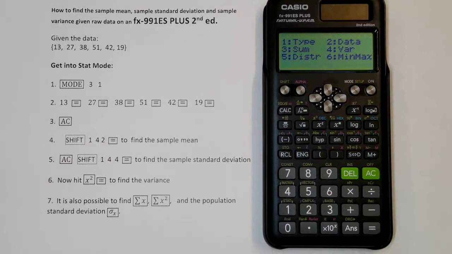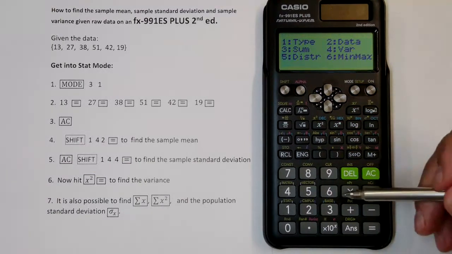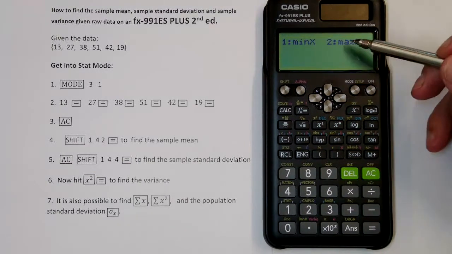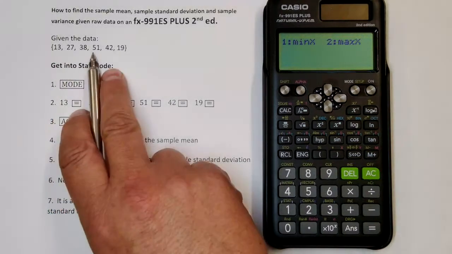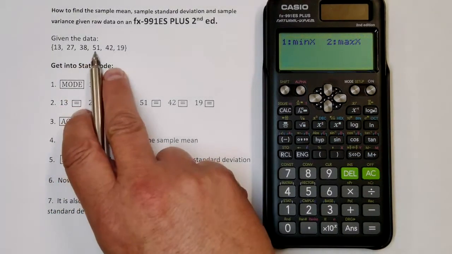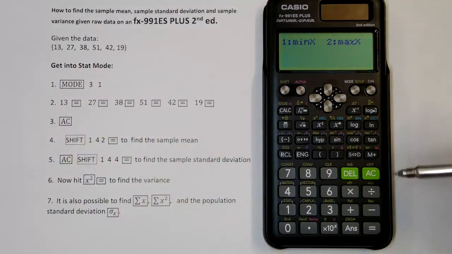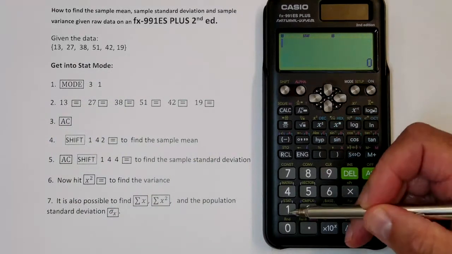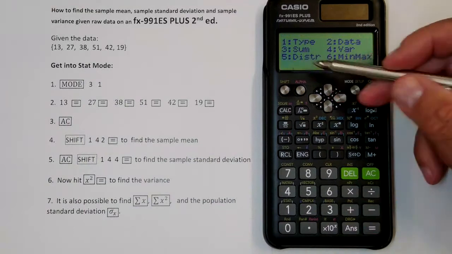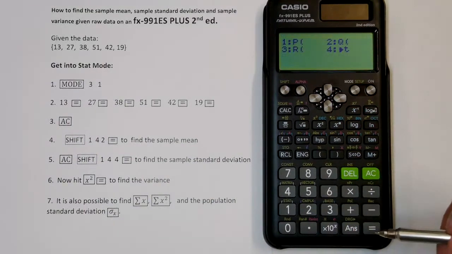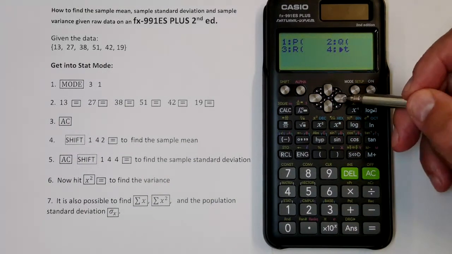Now, what's cool about this one is it gives you some other stuff. Now, number 6, the minimum value, maximum value, you can see the minimum value is 13, maximum value is 51. So no great, but if you had trouble, you could do that. But it also gives you what's pretty cool, what's called distribution, number 5. Wait a second.